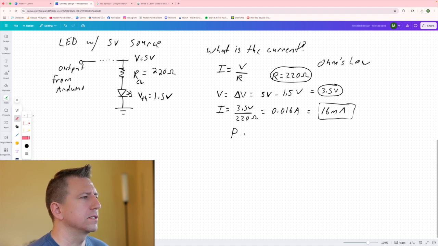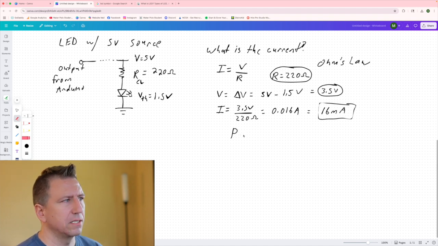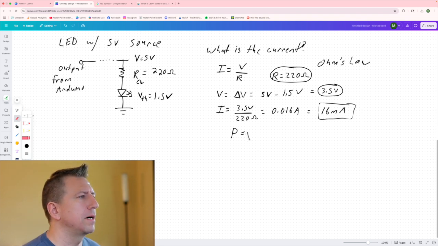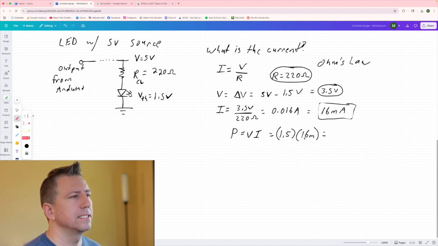So what about the power? So the brightness is related to the power, and since the voltage doesn't change, it's also related to the current in this particular case. But power is the voltage times the current, and now we're looking at the LED. And so the voltage drop across the LED is 1.5 volts, and the current through the LED is 16 milliamps, and then multiplying that, we get 24 milliwatts.